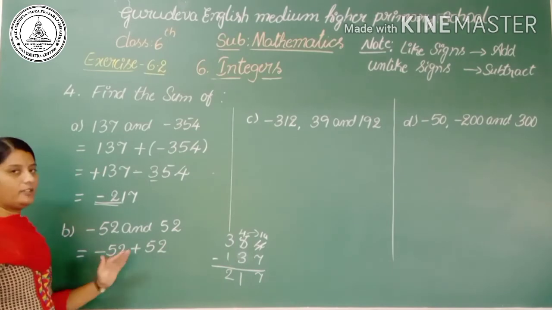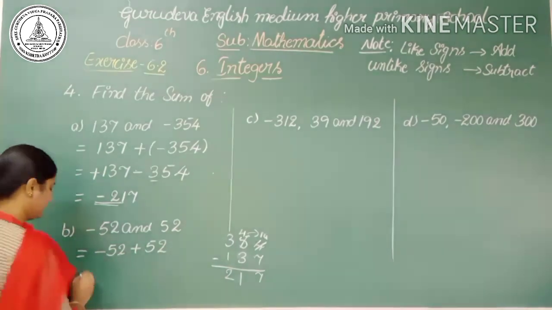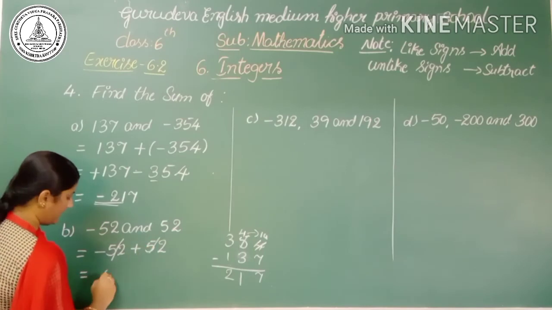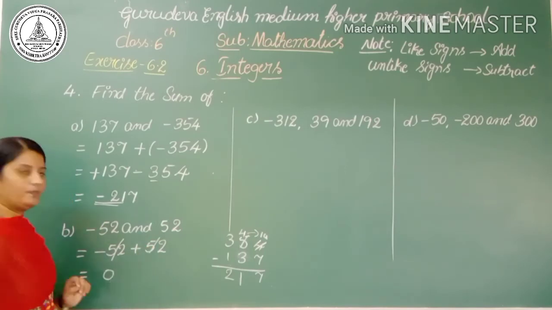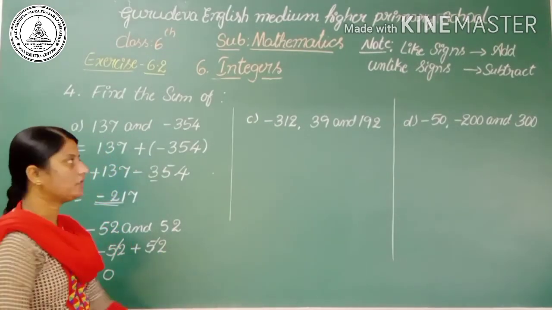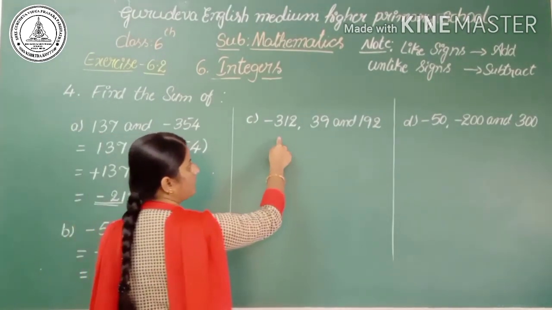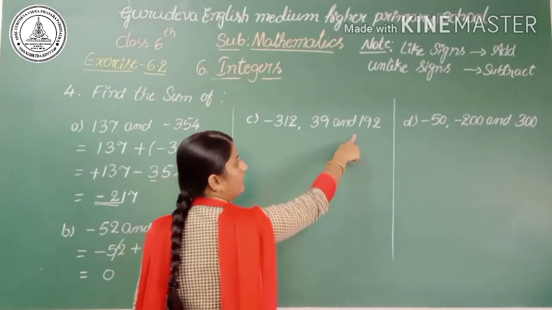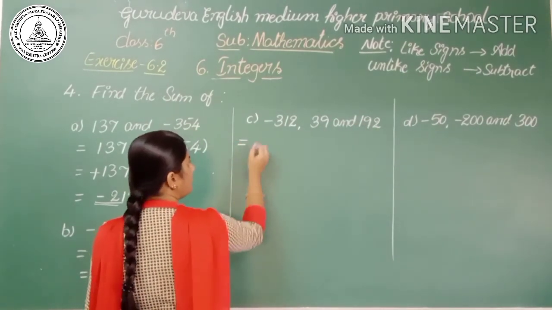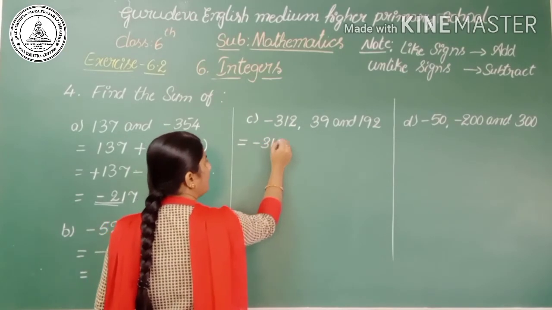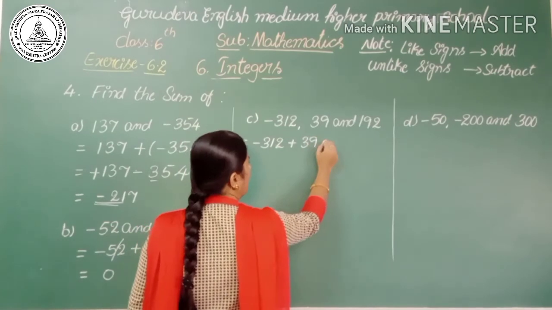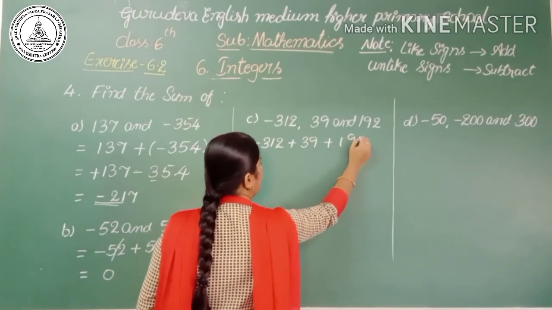So minus 52 and 52 are additive inverses, so they cancel each other and we write 0. Let's go to the C question. Minus 312, 39 and 192. Use the plus symbol and write the given integers: minus 312 plus 39 plus 192.